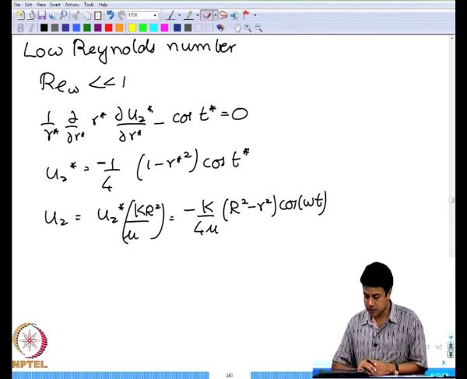So, if the Reynolds number is small, that means that the time it takes for the momentum diffusion across a distance r is small compared to the time period of oscillation. That means that the momentum diffuses throughout the tube instantaneously. It diffuses over a distance r instantaneously.